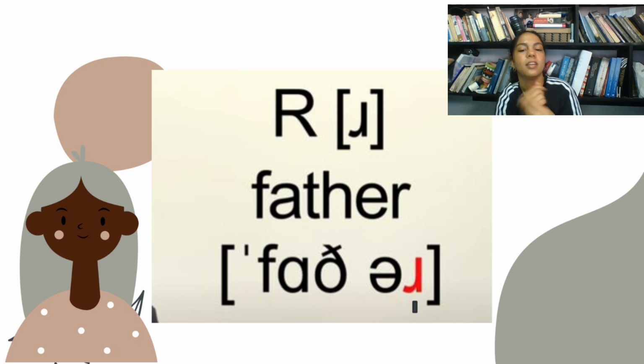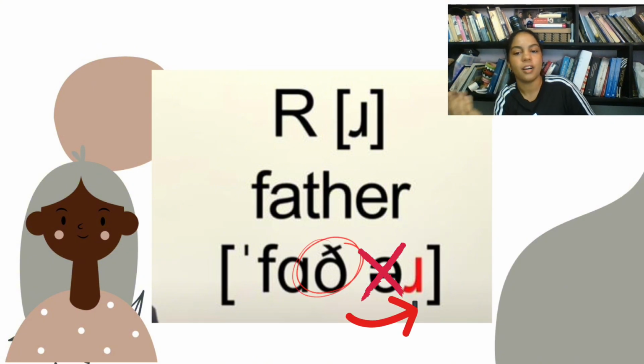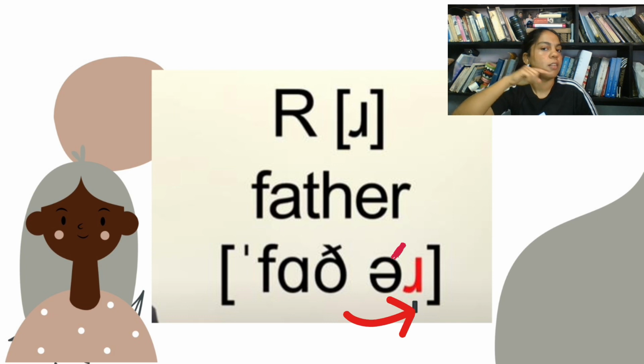But we don't have to put the tongue tip down into the position for the schwa between these two sounds because the R will overtake the schwa sound. So just go straight from the position for the TH to the position for the R, and it will be like this. Fa-ther.